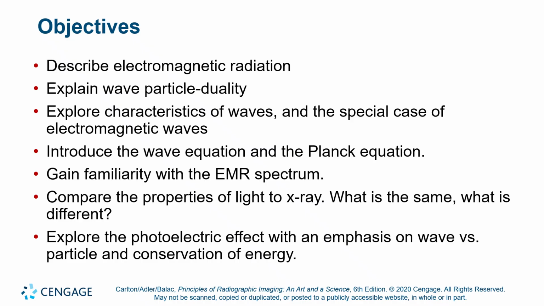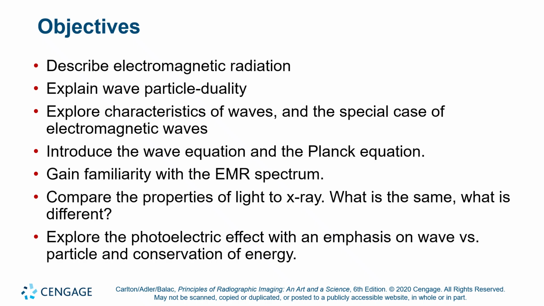So, sorry. Compare the properties of light to X-ray. What we're going to find as we explore how light behaves and what even is it, is that the way electromagnetic radiation behaves is very different for very different types of electromagnetic.